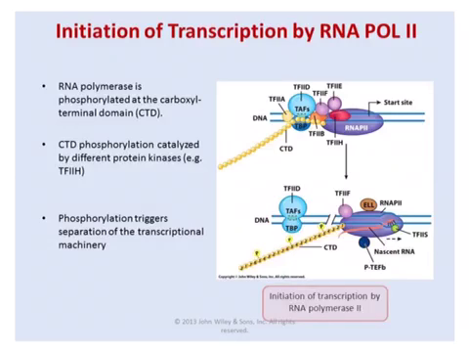So RNA polymerase has a really important portion to its structure, and it has what's called a carboxyl terminal domain, which is CTD, that sticks off of RNA polymerase.